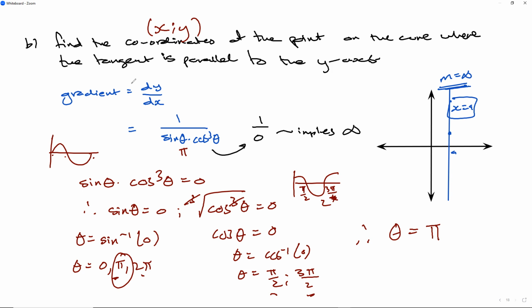Or I can go sine of theta equals 0. And that's going to be my x value. All right. So that means that it would be the point 1 and 0 in this case over here.